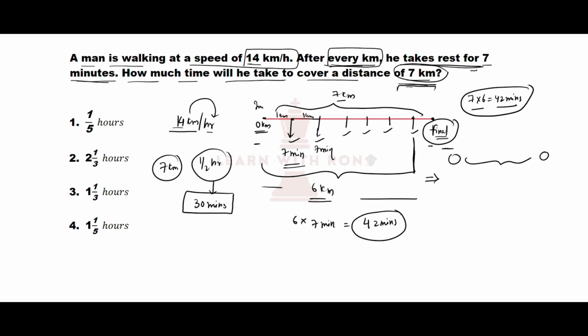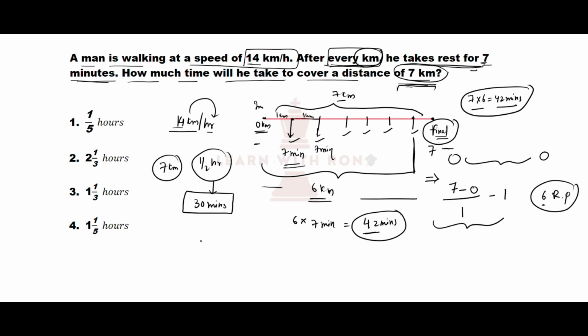Final means total 7 kilometers, right? Final minus initial 0 by common difference. Here every kilometer he is taking the rest, means common difference is 1, minus 1, will get the number of resting points. Here see, 7 minus 1, which is 6 resting points. If 6 resting points, each resting point 7 minutes, 6 sevens, 42 minutes is the resting time.